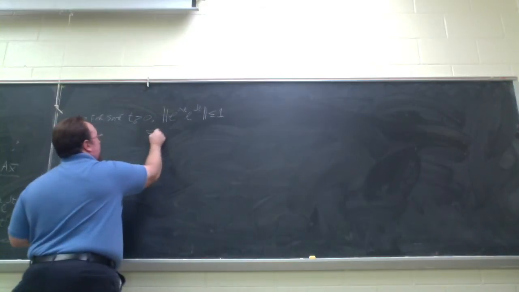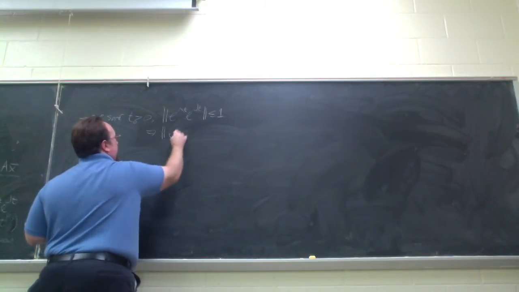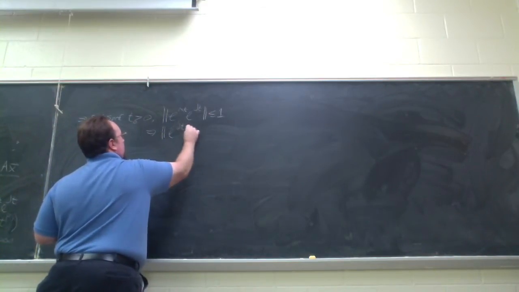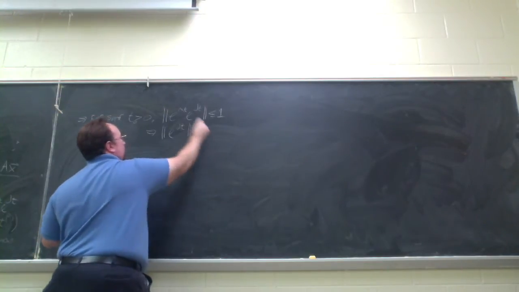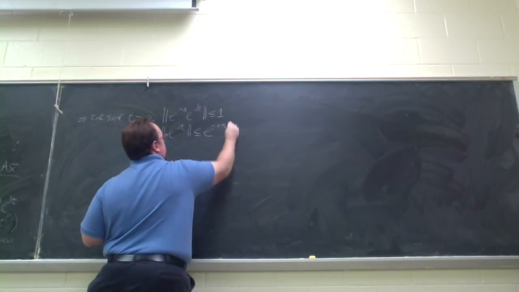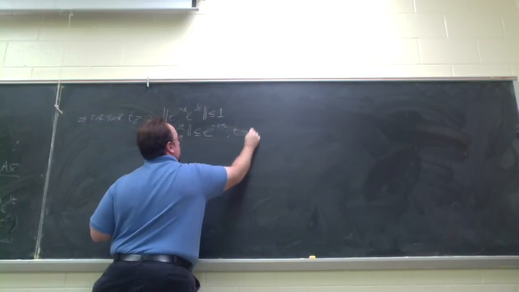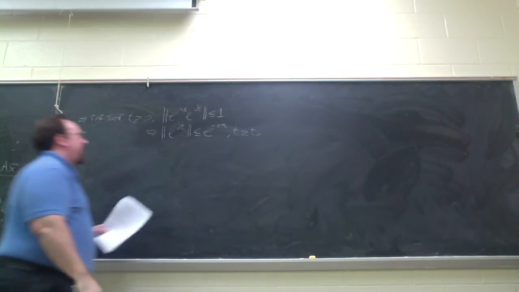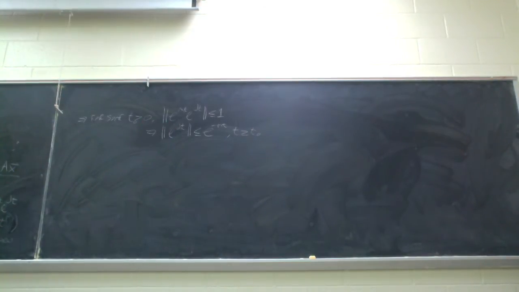So e to the m t is this number, I can pull that out and move it to the other side. Now I have that inequality, which somewhat resembles this inequality over here, which whoever's watching cannot see, but we're going to be able to get to that point.